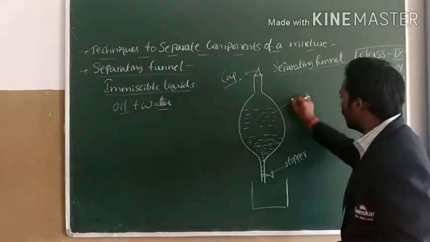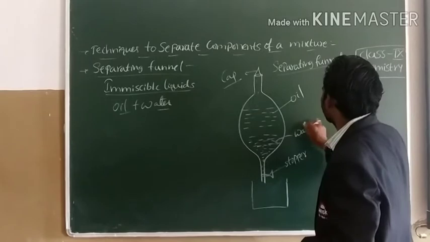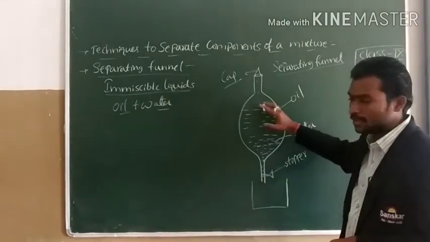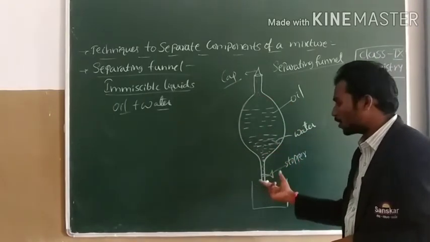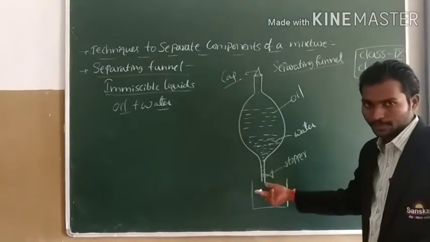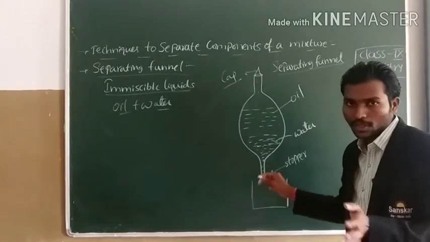For example, this is oil and this is water. I told you that oil has low density, that's why it floats on water. Water has high density, so it is present at the bottom of the separating funnel. When you open the stopper, the liquid which has high density will separate first.